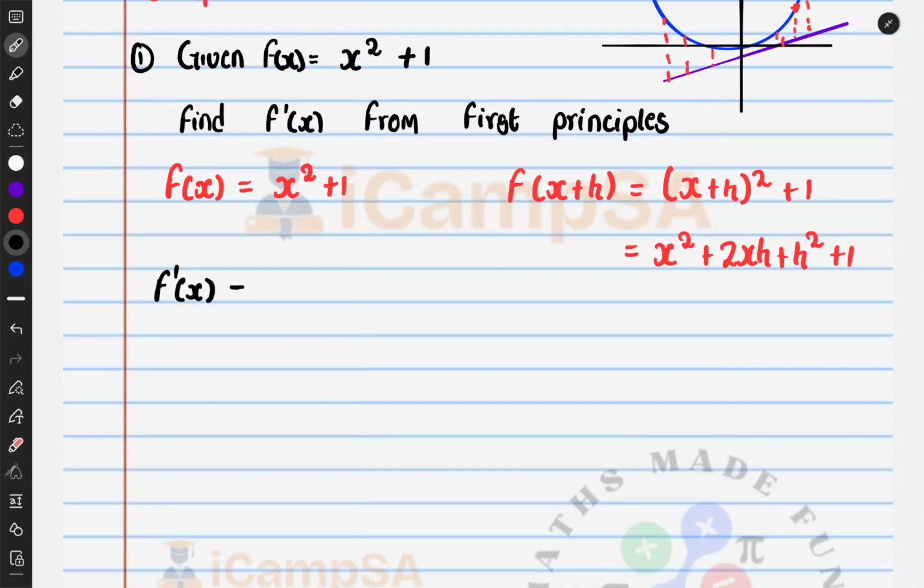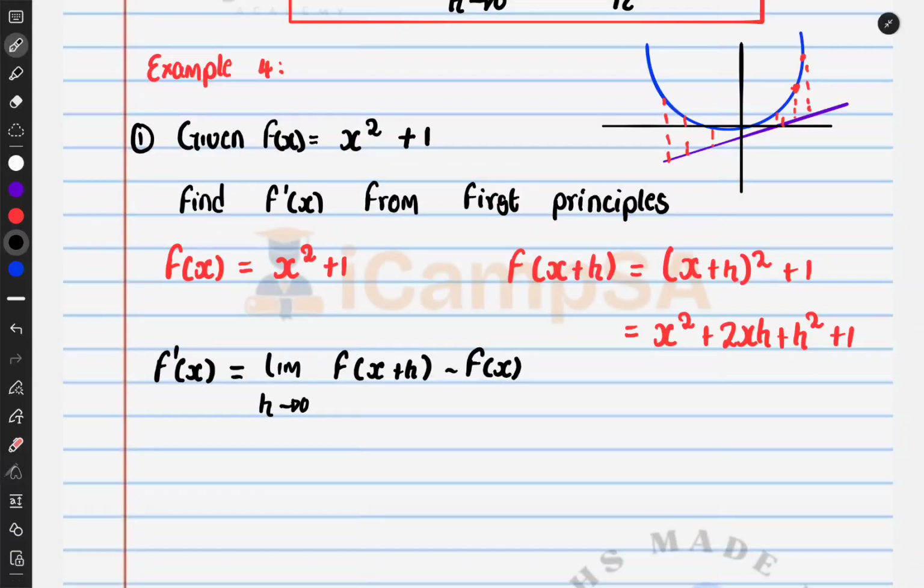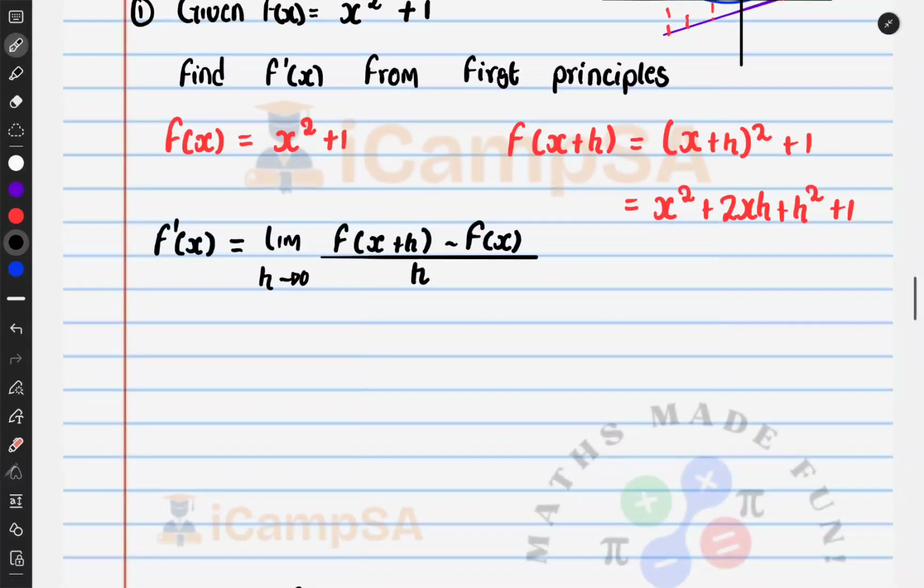We said from the formula, f prime x is equal to the limit as h approaches 0 of f at x plus h minus f at x, over h.